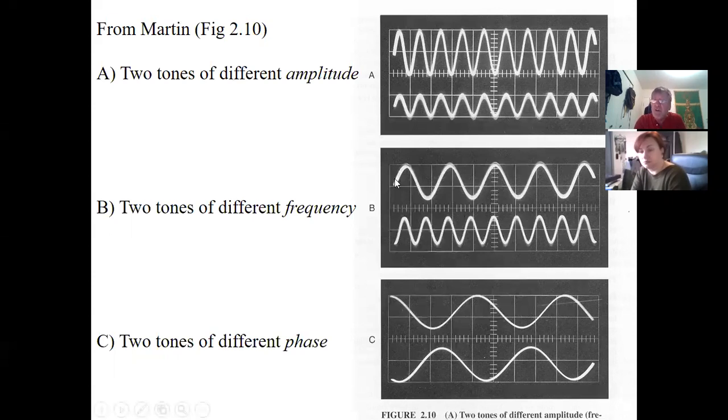Also notice that its wavelength physically is longer as well. So think, 2 things change with frequency. The period changes and the physical length of the wave changes. And here's the general relationship. I'll stop sharing and I'll just say this.